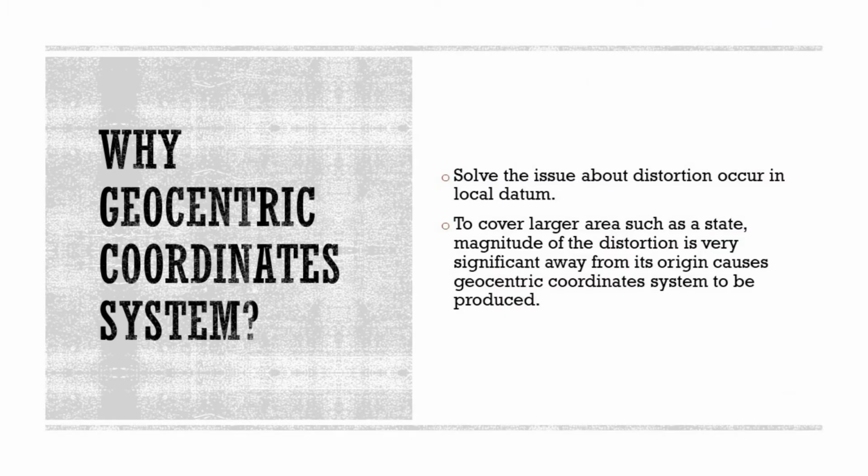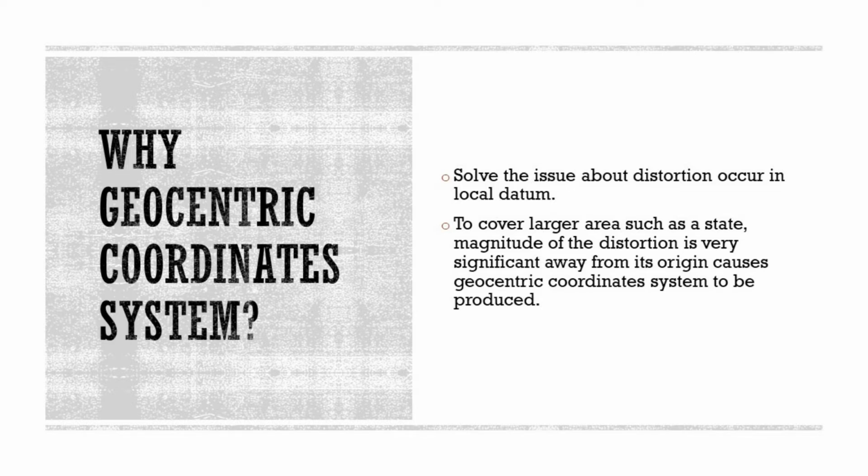Back then, when there was no geocentric coordinate system, an issue arose where distortion occurred in local datum. For example, RSO and CASSINI Soldner map projection systems that are used for national mapping and cadastral purposes.